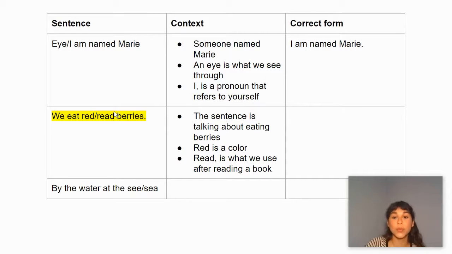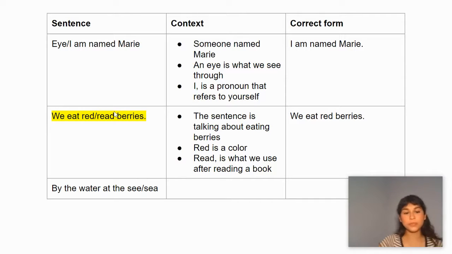Great job. We eat red berries, spelled RED, because red is a color and they are describing the berries as red. The berries are red. We eat red berries. Good job.